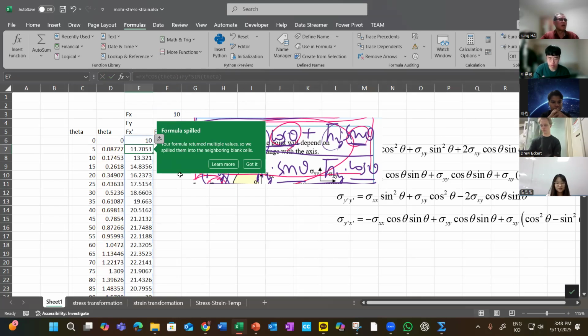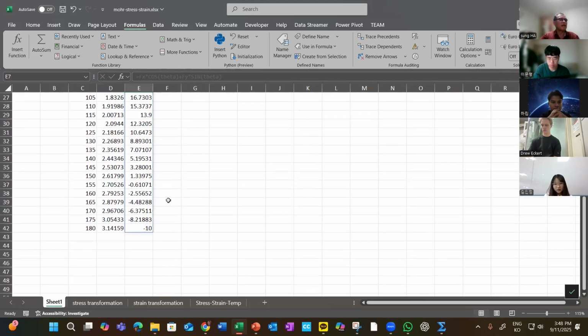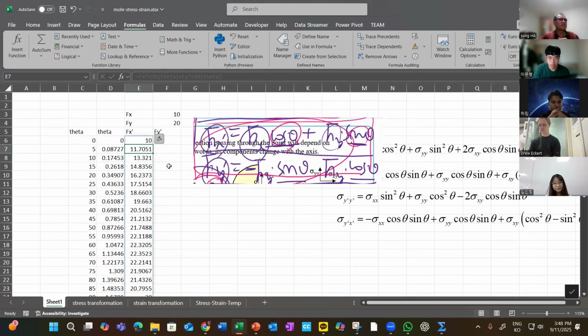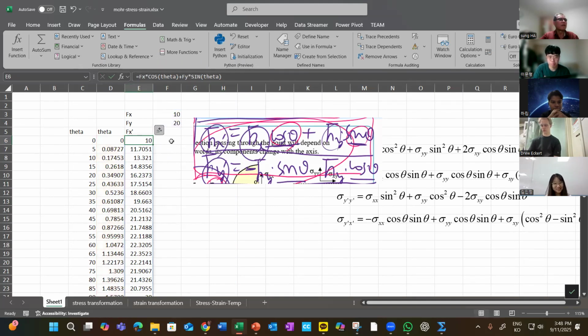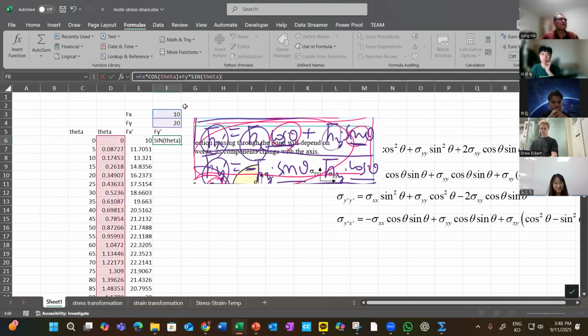Okay. So it automatically gives us some value. And then this one is very similar, but as you can see, there's a minus sign and plus cosine.